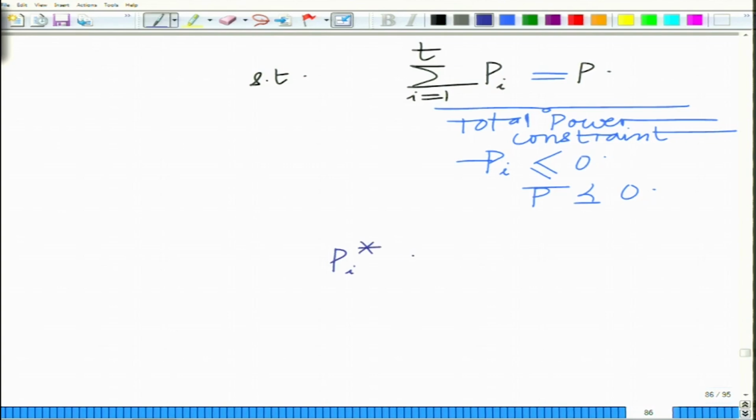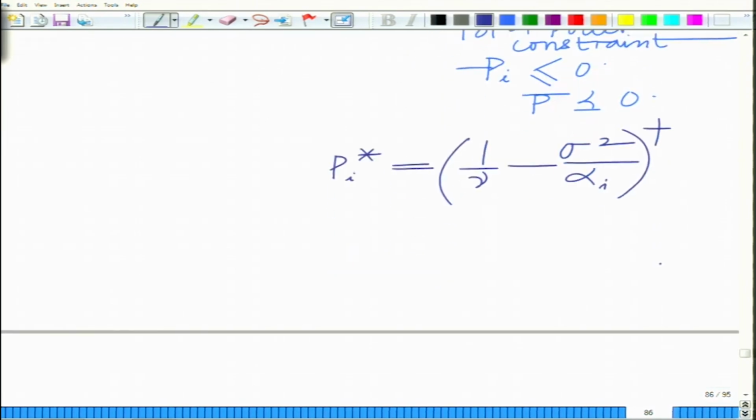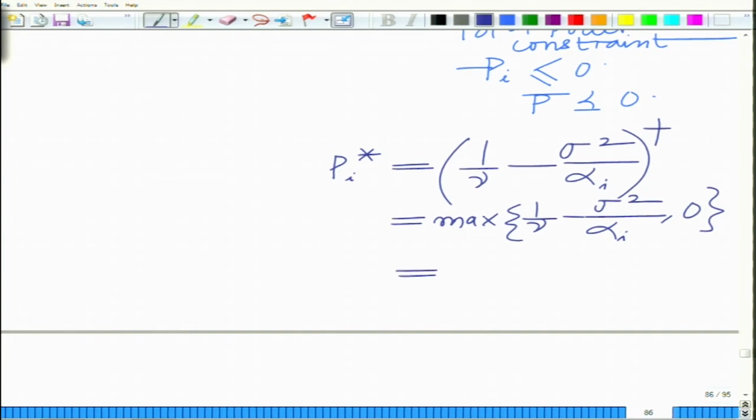Pi star is given by the water filling power allocation, that is 1 over nu minus sigma square by alpha i, plus, where plus indicates that it is the same quantity if it is greater than or equal to 0, that is, it is equal to the maximum of 1 over nu minus sigma square by alpha i comma 0. If you substitute alpha i as sigma i square, where sigma i is the ith singular value, this is 1 by nu minus sigma square divided by sigma i square, plus.